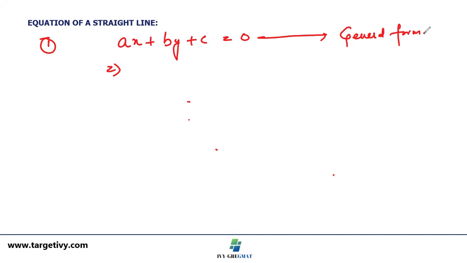Which implies that if I put by here is equal to minus ax minus c, then y is equal to, I'm just changing the same equation, minus a by b x minus c by b.